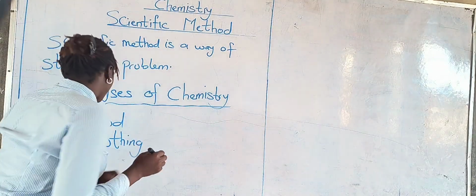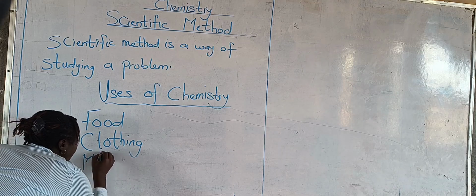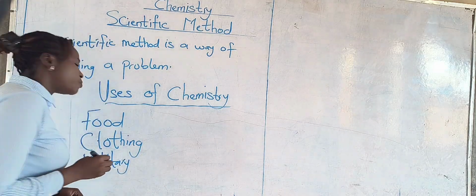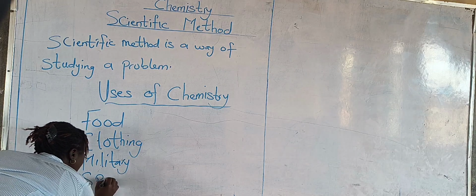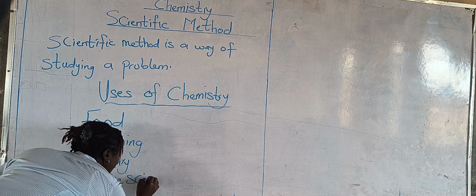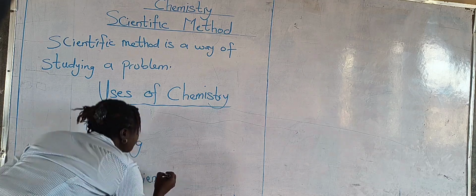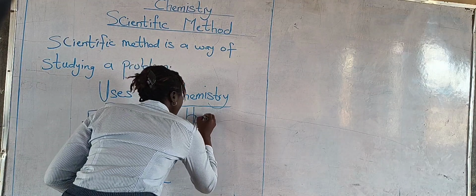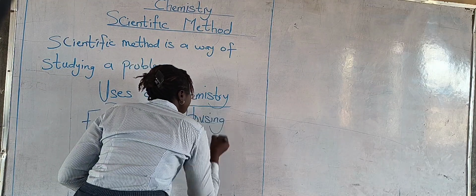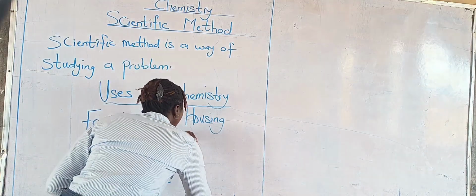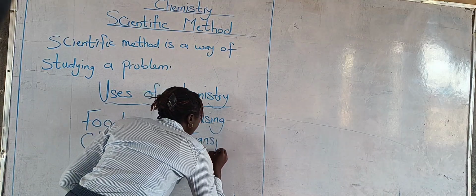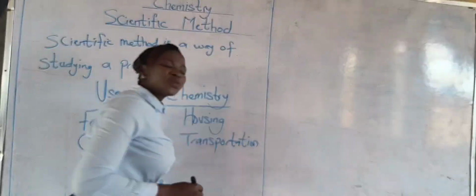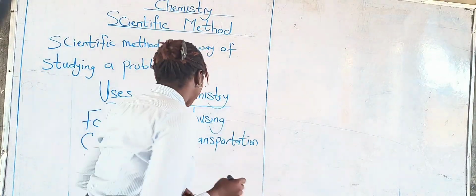Number 3 is military. Number 4 is space science. Number 5 is housing. Number 6 is transportation. And the last one I will talk about is medicine.